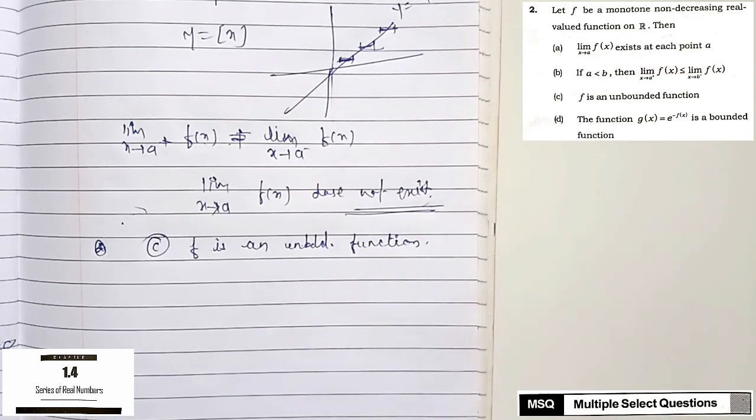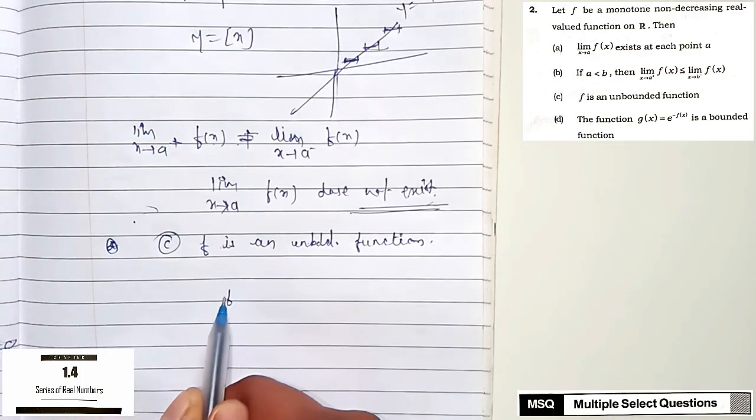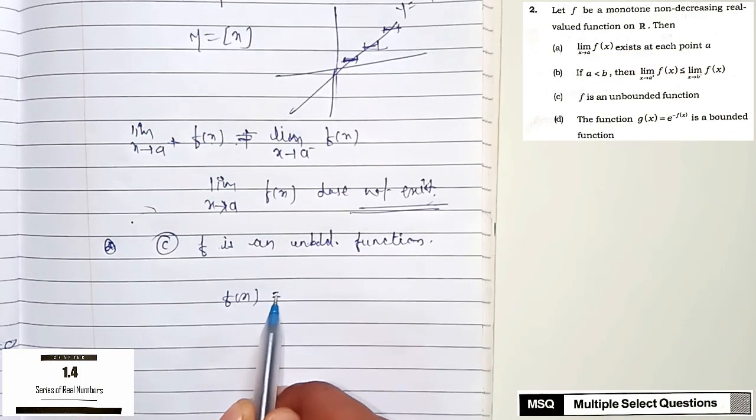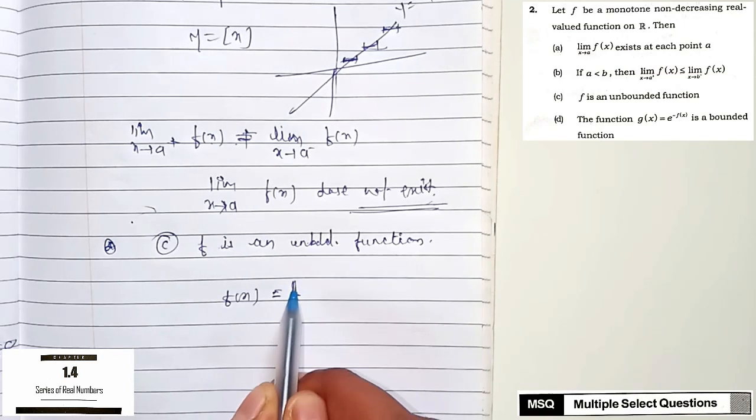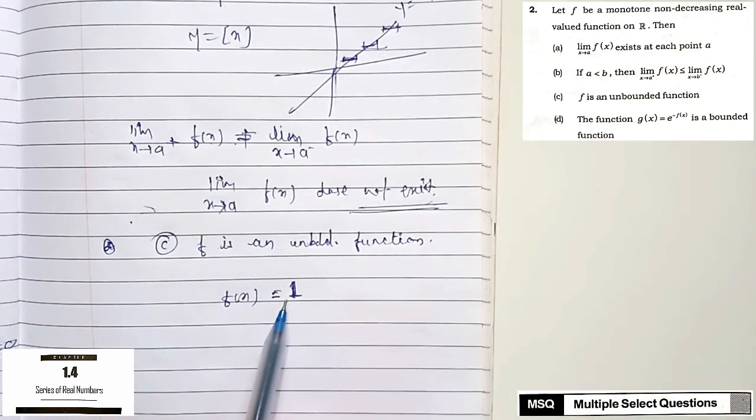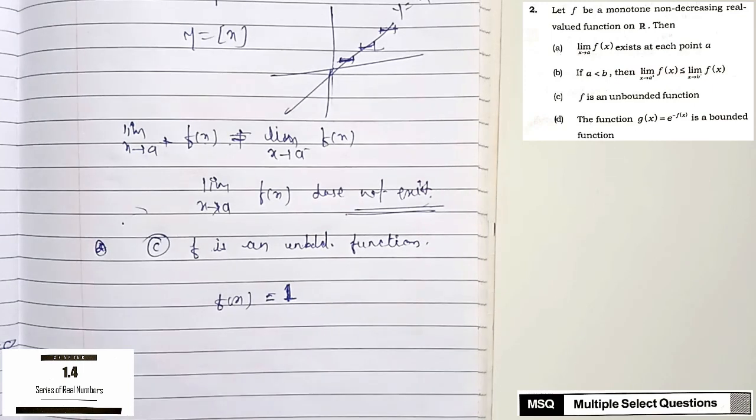For a bounded function, we can directly take the constant function. The constant function is the best example to consider for a bounded function. So I consider f of x equal to any constant value; I consider 1, only a single constant. So f of x is 1 here.